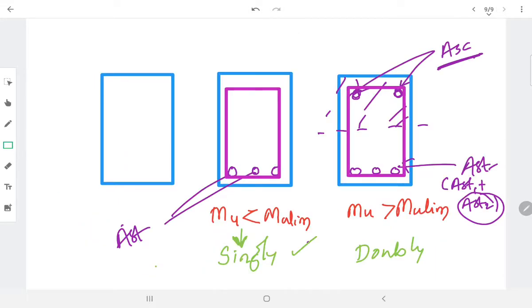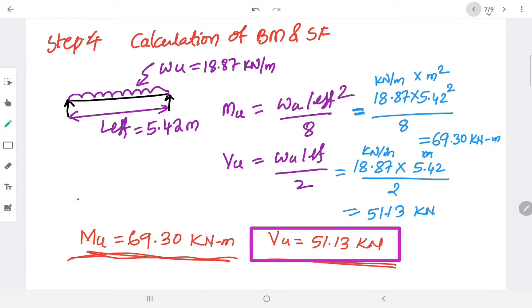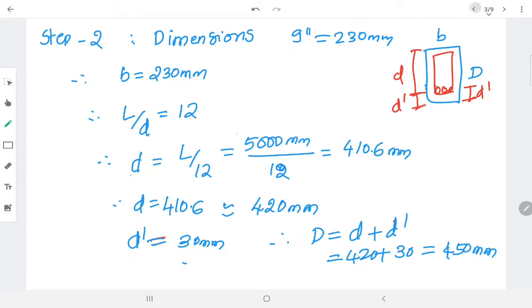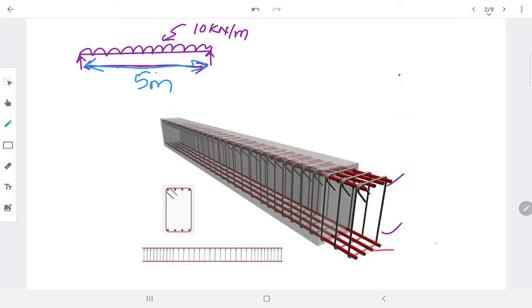Here what happens: the main bending moment Mu is resisted by whatever longitudinal reinforcement is there. I will show you in the figure. These are the longitudinal reinforcements. Together they will resist Mu, the moment, along with the compressive stresses.